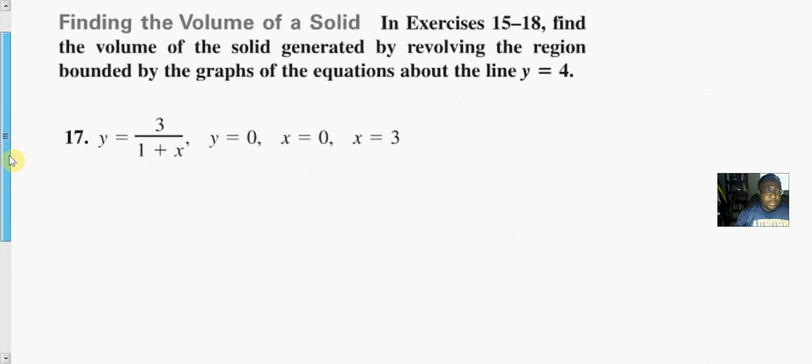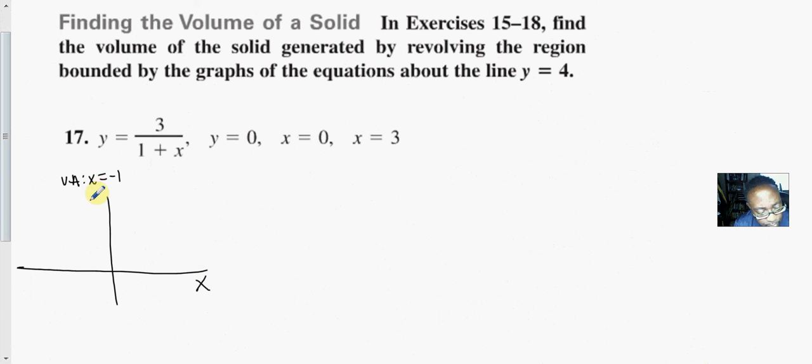Okay, now let's see about this one. Here, find the volume of the solid generated by revolving the region bounded by the graphs of the equations about the line y equal to 4. So this problem has a vertical asymptote at x equal to -1. So it's a rational equation. So it's doing this.